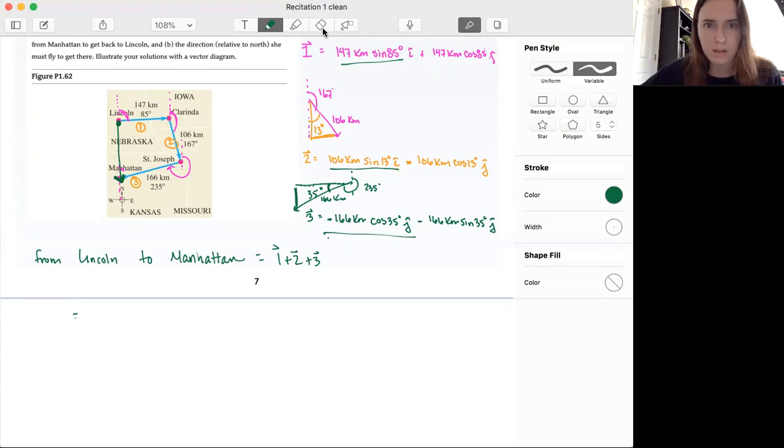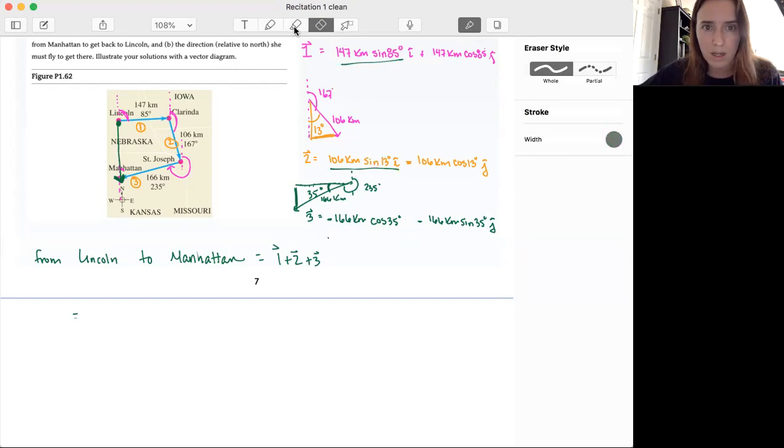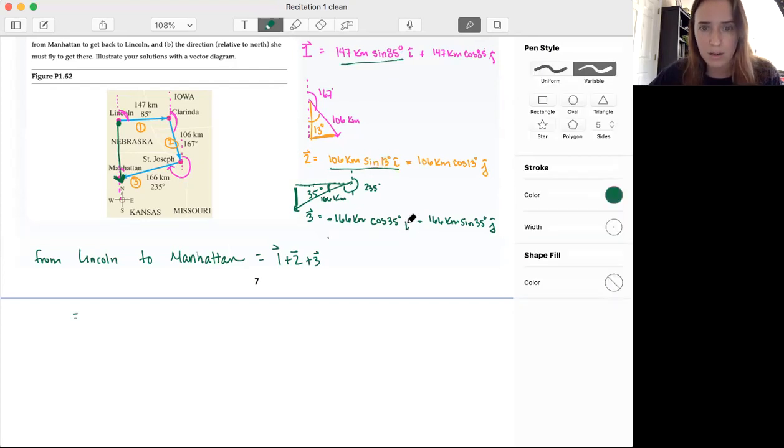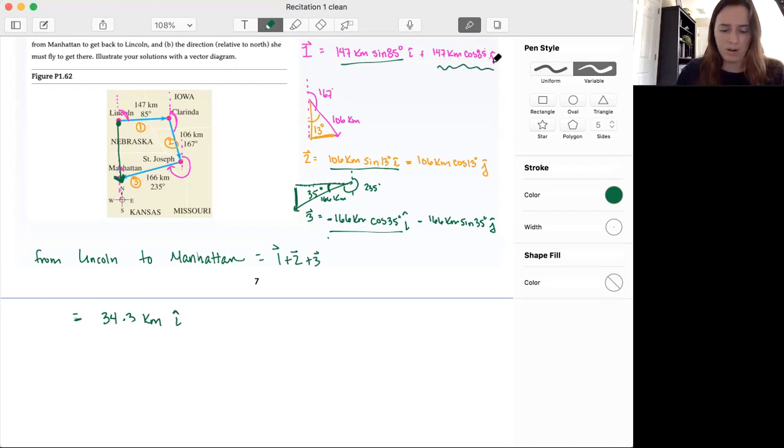Oh, and I just realized that should be an I, not a J. My bad. Okay, so if we punch that into our handy dandy calculator, that comes out to 34.3 kilometers I hat.